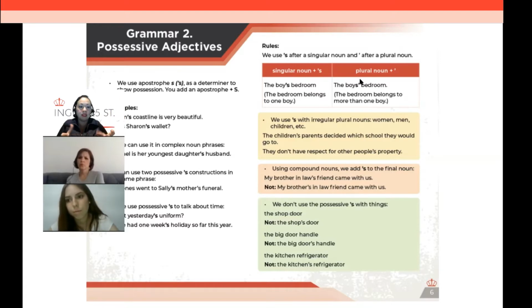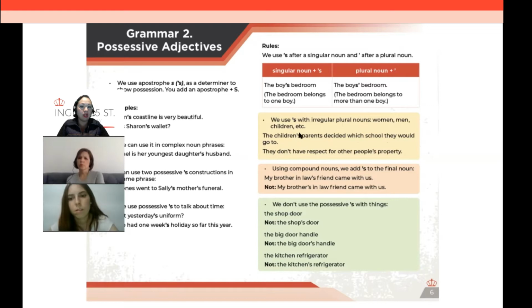But we are talking about plural, okay? So it says, we use apostrophe S with irregular plural nouns, women, men, children, etc. The children's parents decided which school they would go to, okay?